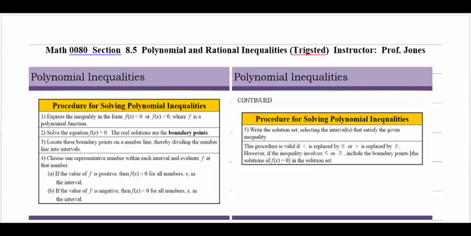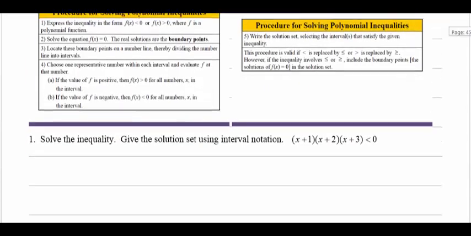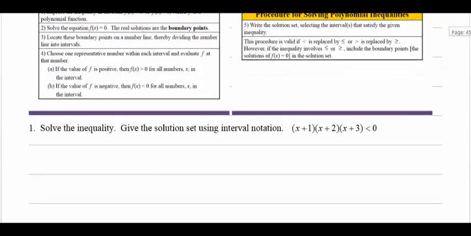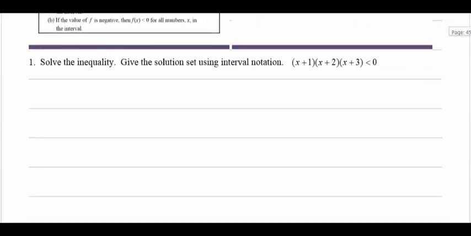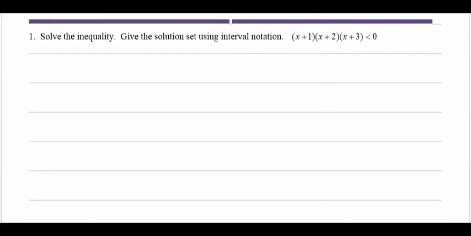So let's take a look at applying this to this inequality. And notice that this is simplified because it's already in factored form. So one of the challenges will be actually getting your expression in factored form once you have a 0 on the right side of the inequality.